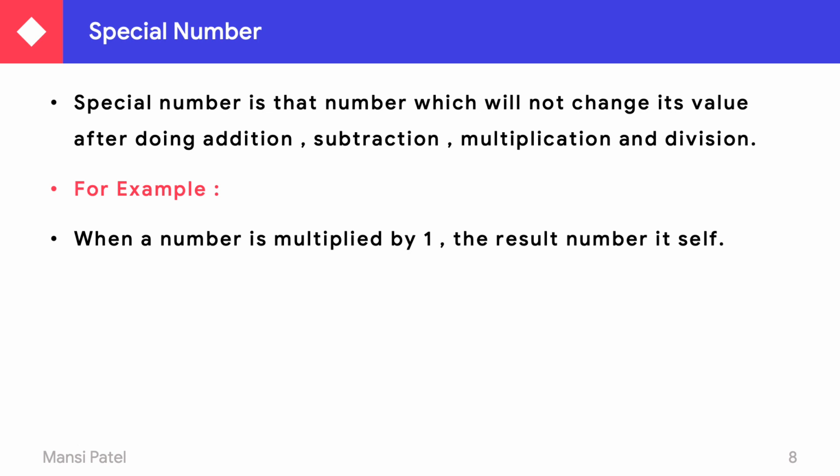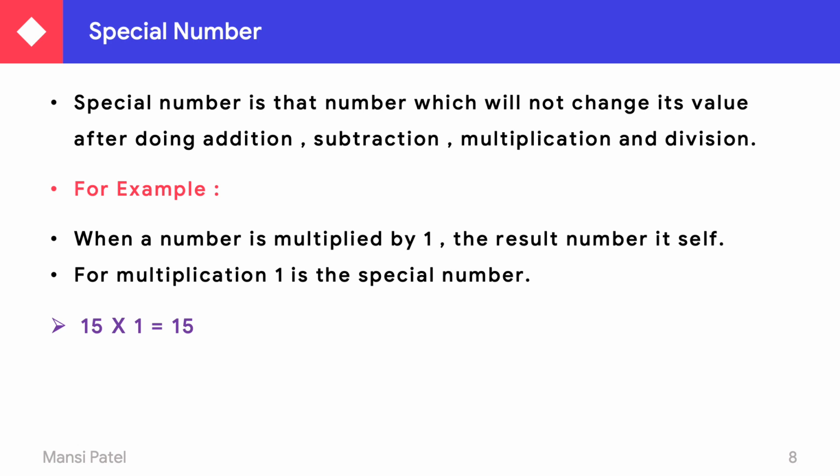So for multiplication, 1 is the special number, because if you multiply any digit by 1, then the answer is the number itself. For example, 15 ones are 15. So here you just multiply 15 and 1. The answer is 15 itself. So we can say for multiplication 1 is the special number.